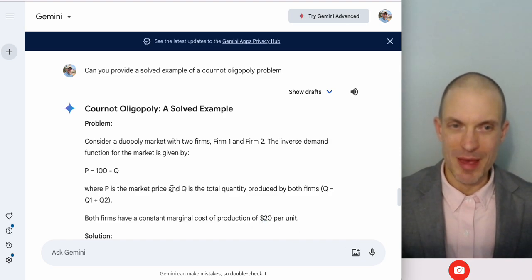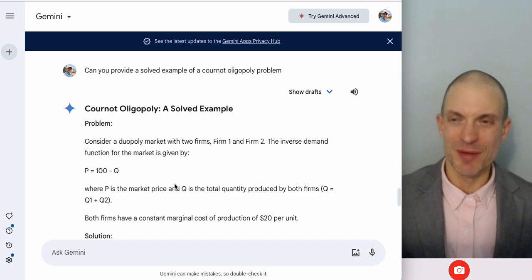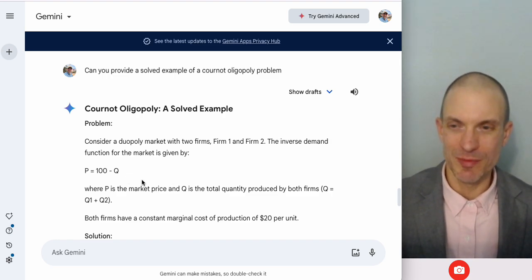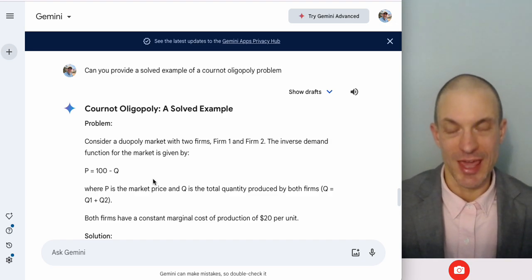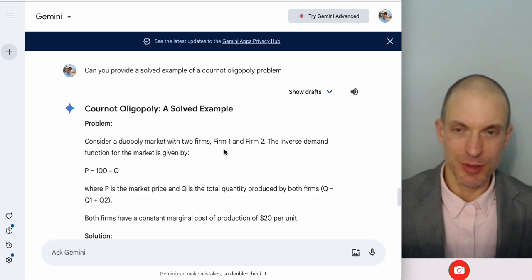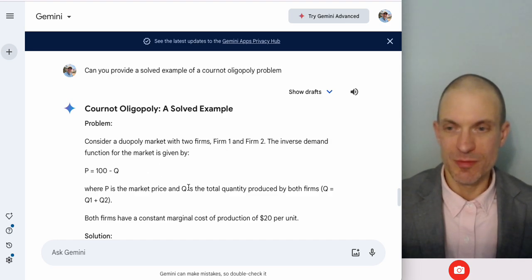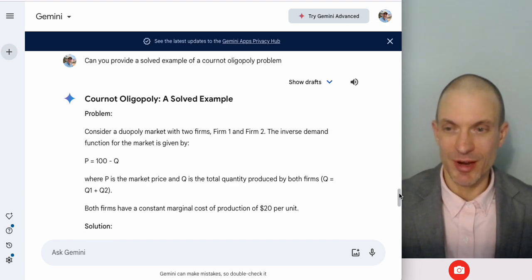If you remember the general equilibrium, the Cournot equilibrium quantity is (A minus C) divided by n plus 1. Here we have two firms, that's n, plus 1 is 3. So 100 minus 20 is 80, divided by 3. So 80 divided by 3 is the quantity we're looking for for both firms. Let's see if Gemini knows that.